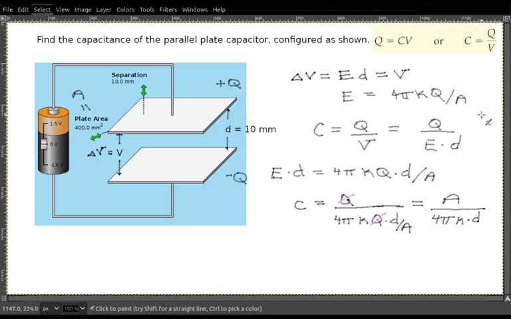Notice that even though to derive it we assumed some charge and some voltage on the plates, when everything came out in the wash in the end, the capacitance only depends on physical geometric quantities like the plate area and separation of the plates. And this is a commonality for all things capacitors, which are basically all things that can store charge separation, electric field, voltage, and thus have capacitance.